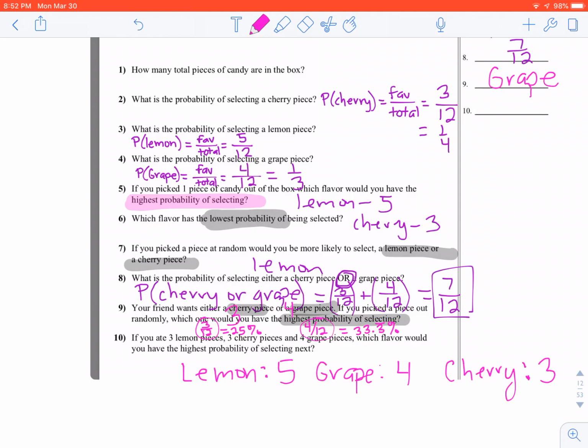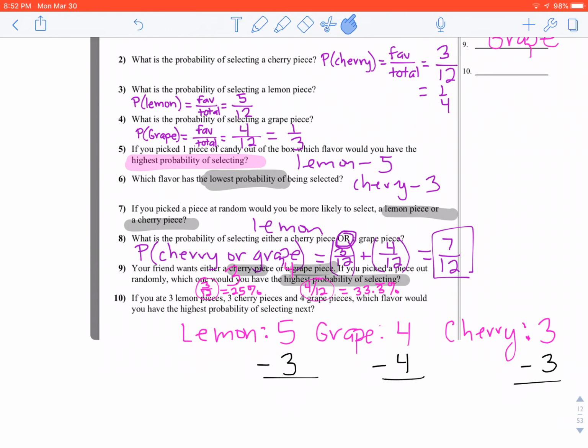They're telling us that you are eating 3 lemon pieces, so 3 pieces of lemon are going away because you're eating them. You're eating 3 cherry pieces, so 3 cherry pieces are going to go away. And you are eating 4 grape pieces.